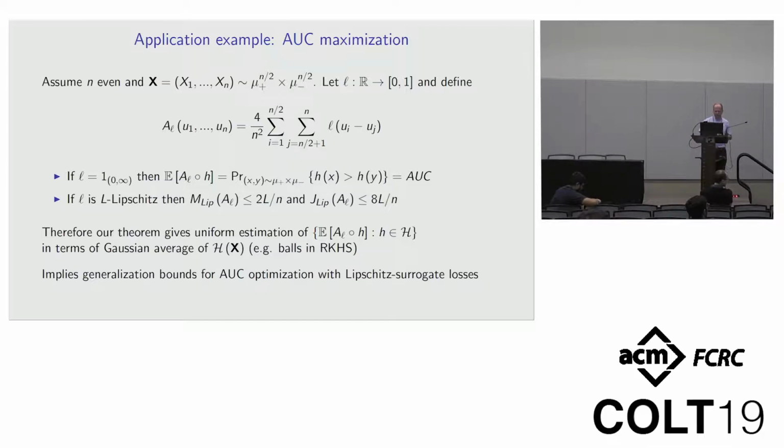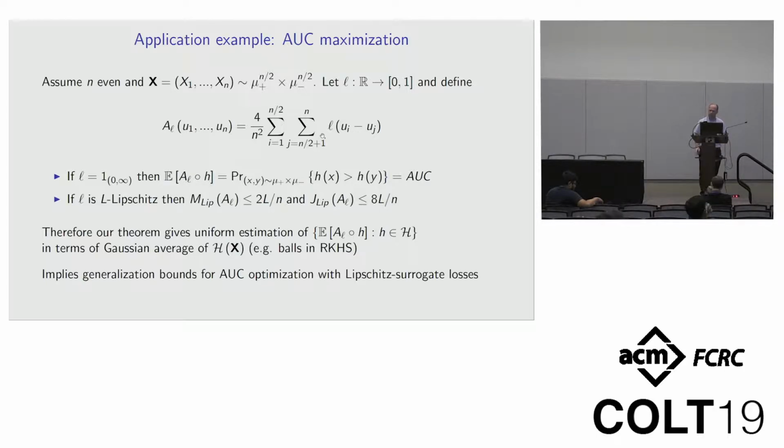In this case, we assume that n is even, and we assume that the first n over 2 components of x are sampled IID from some distribution, and the remaining ones IID from another distribution. So these will be the positive and negative class. And then we consider as our nonlinear statistic the sum over all the possible pairs from the positive and negative distributions of this loss function. Okay.